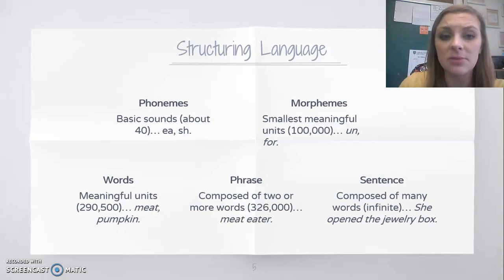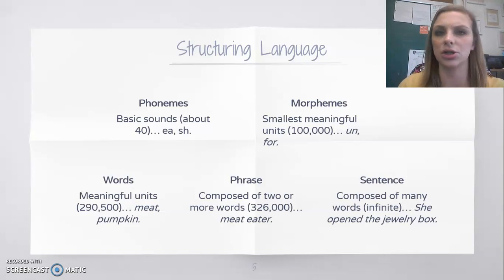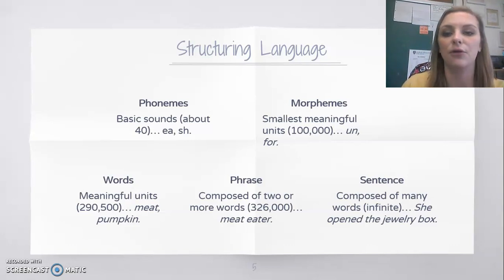Okay, so how many of these do we have? Well, phonemes, we have about 40 basic sounds. We learn these very early on in our language and when we're learning to spell. Morphemes are those smallest meaningful units. We have about 100,000. For example, like un, for, ed, like that ed sound, er. Words, these are meaningful units.